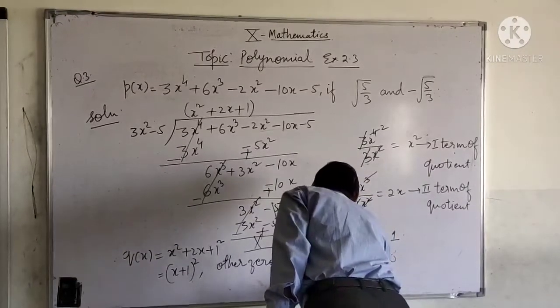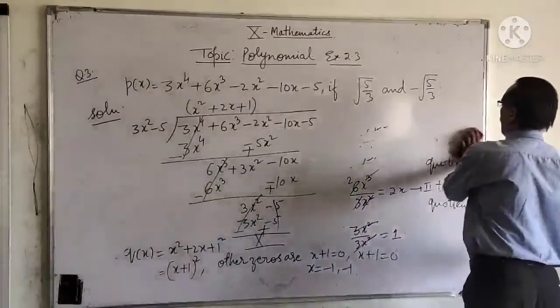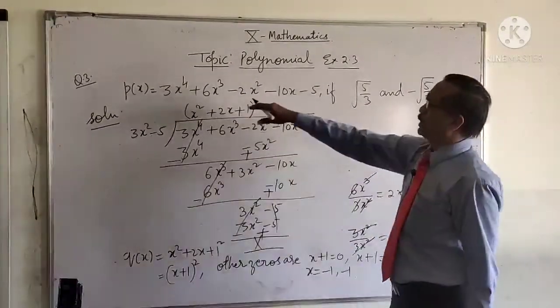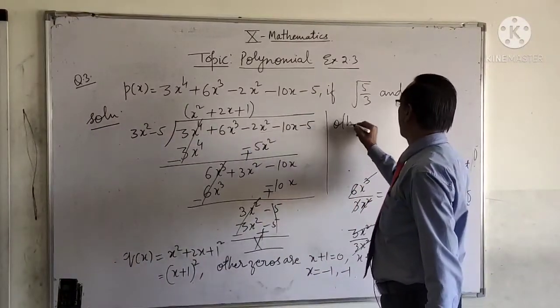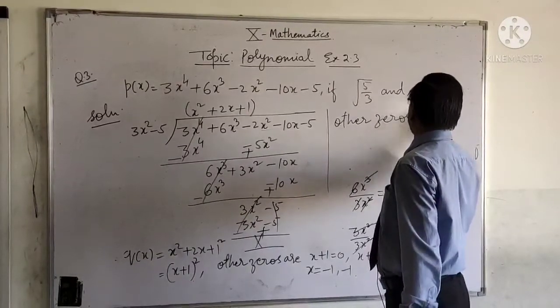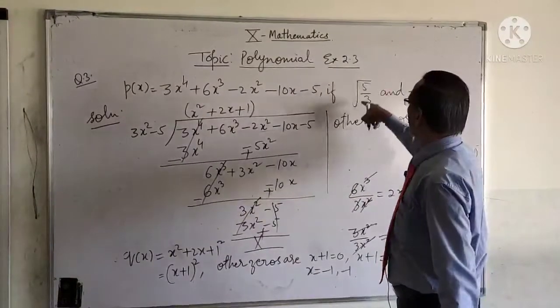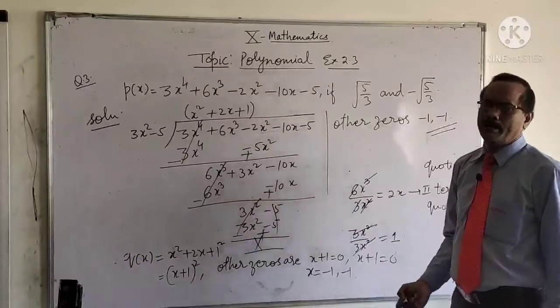From this we get minus 1 and minus 1. So the other zeros of this polynomial are minus 1 and minus 1. There are 4 zeros, 2 are these and the next 2 are minus 1 and minus 1.